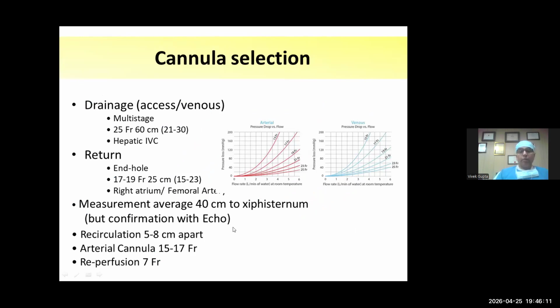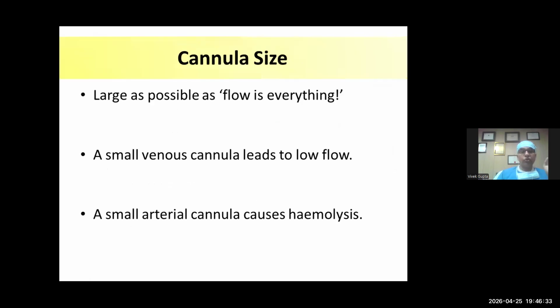You can measure from the xiphisternum, or you always confirm it with the use of echocardiogram. And always look at the reperfusion cannula. That's usually a 7 or 8 French sheath we place to ensure the distal blood flow is established. Otherwise, the distal limb will have compromised perfusion and may lead to gangrenous change.